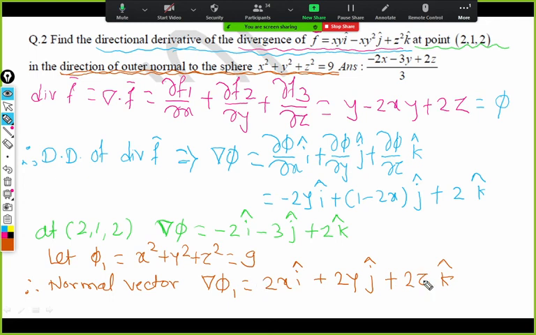So what is the last step left then? What is the last step that we have to do? See, we got the directional derivative of divergence of f at this point and we got a normal vector also. Now we want this vector along the other. So what should we do? What should we do as the last step so that we get a final answer?